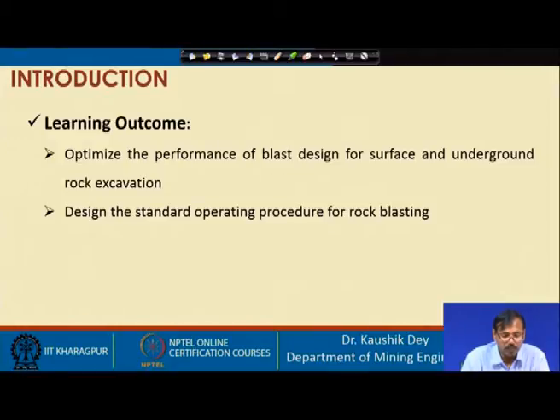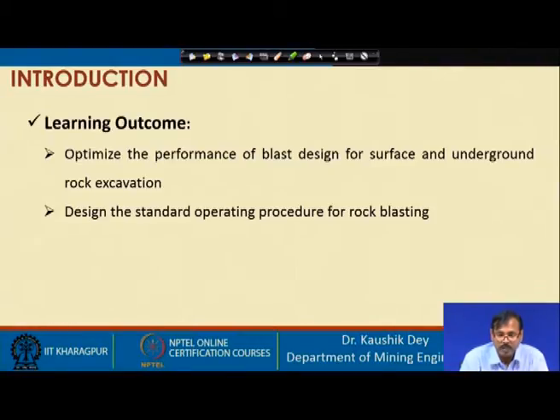The students attending this course should be able to design the standard operating procedure for rock blasting, because everyone in the vicinity of the blasting area, everyone associated with blasting practices, should know this standard operating procedure.